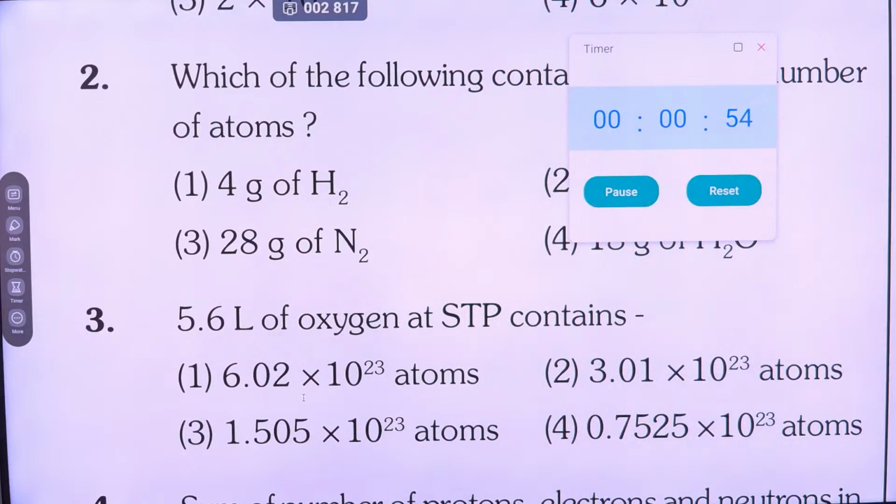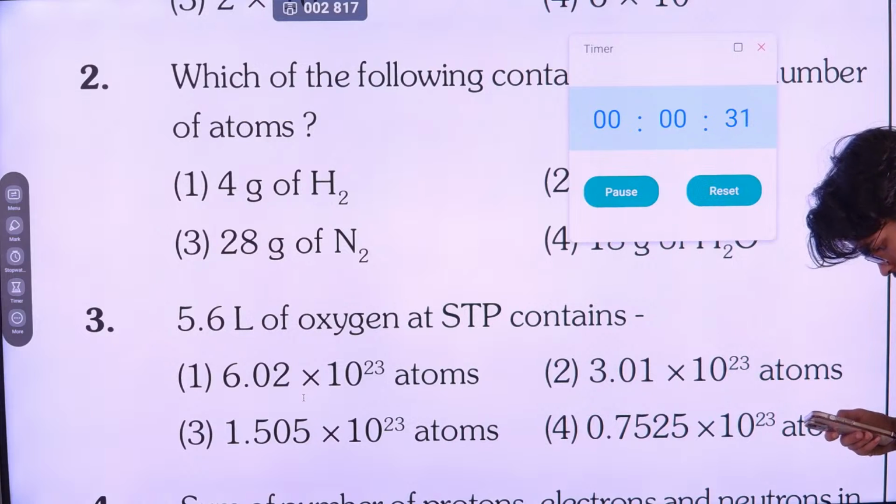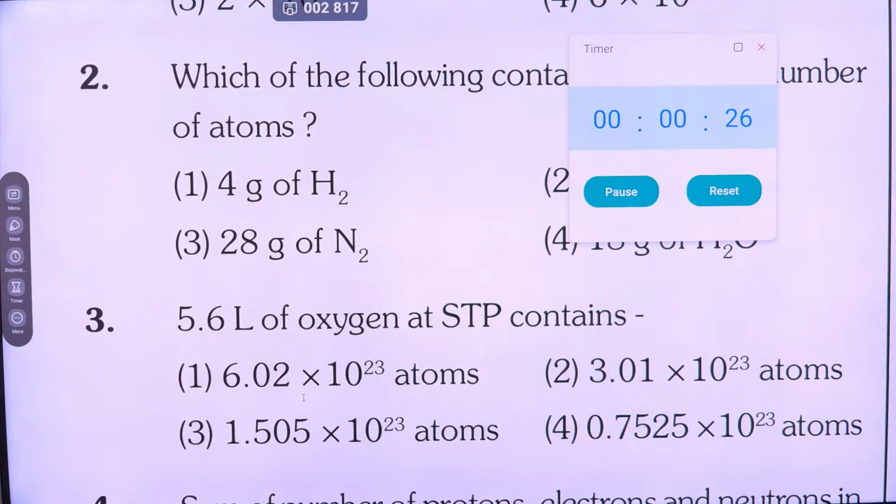Priya Jyoti. 30 seconds more. Try to do it quickly. 5.6 liter of oxygen at STP contains how much?